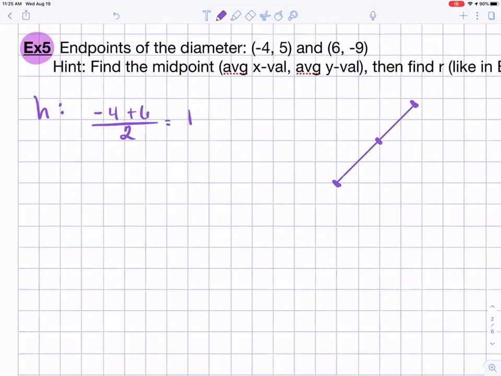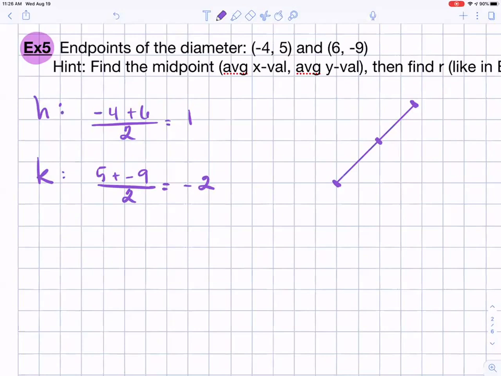Right, 6 minus 4 is 2, 2 divided by 2 is 1. All right, how about the K value? Talk to me about the math that you have to do to get the K value. And that's going to be -2, right? Because you have a -4 divided by 2. Okay, so now I have my H and K.